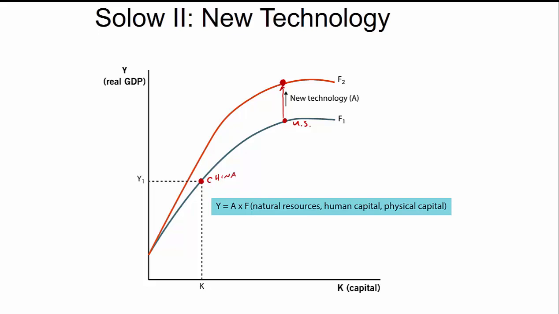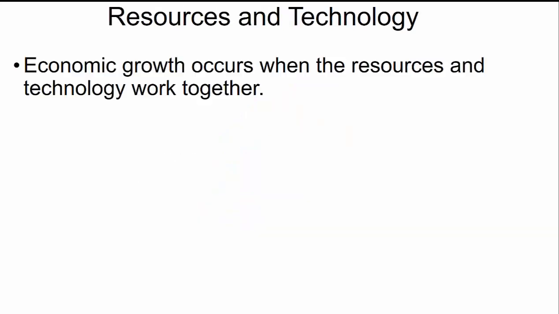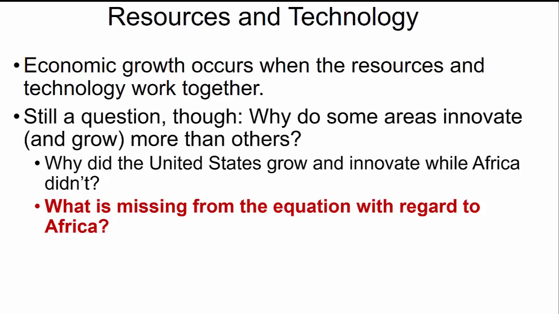And so these rich countries can continue to remain richer than the poorer countries, even though their growth is at a faster rate. Okay? So economic growth occurs when the resources and technology work together.